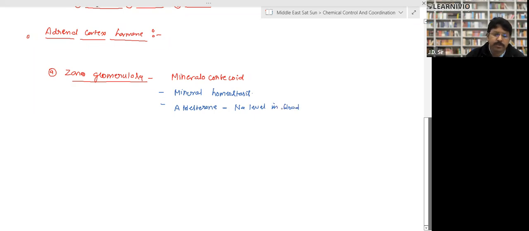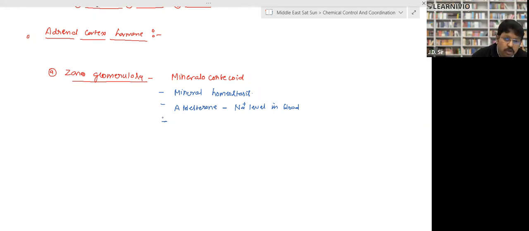This is the main hormone responsible for maintaining the sodium level in the blood. It increases the sodium level in blood.